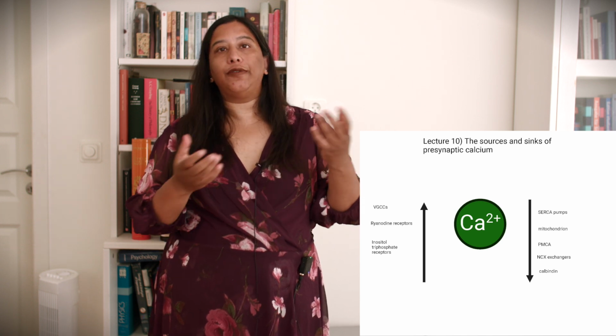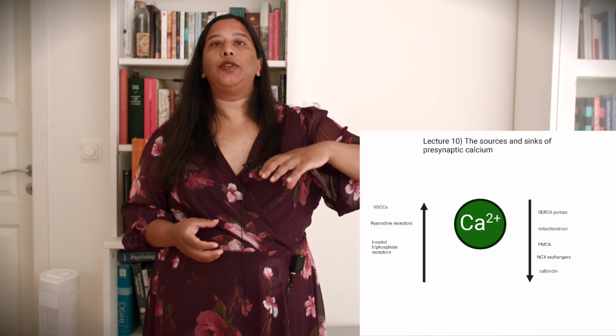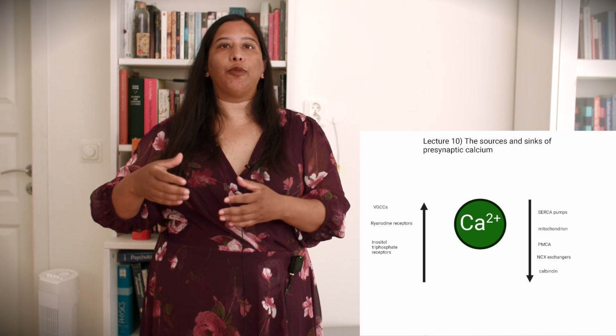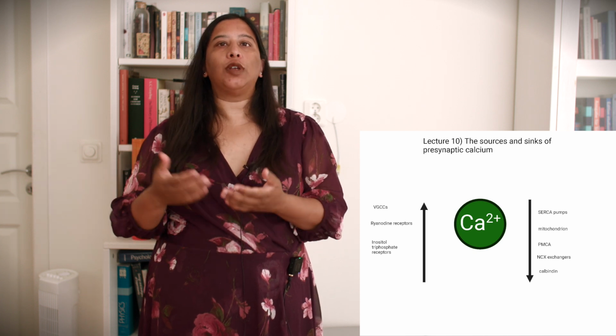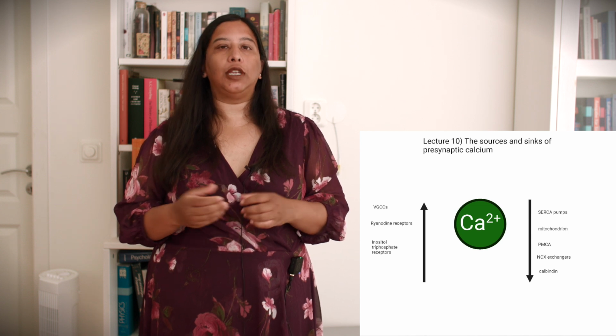But this has relevance for both vesicle recruitment to the membrane as well as fusion of the vesicle with the plasma membrane, which allows the neurotransmitters to diffuse out to the synaptic cleft and the postsynaptic neuron.